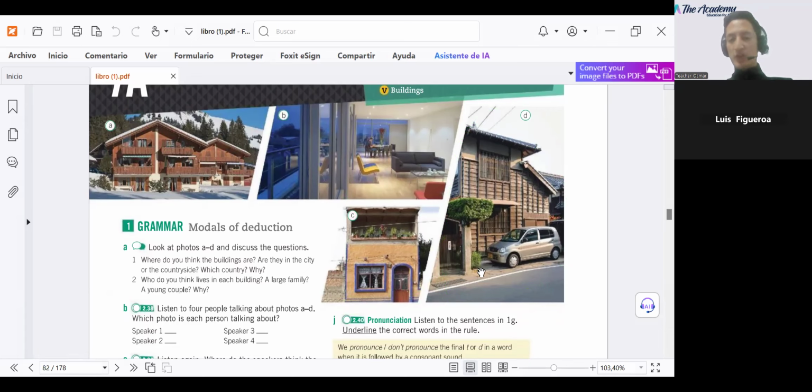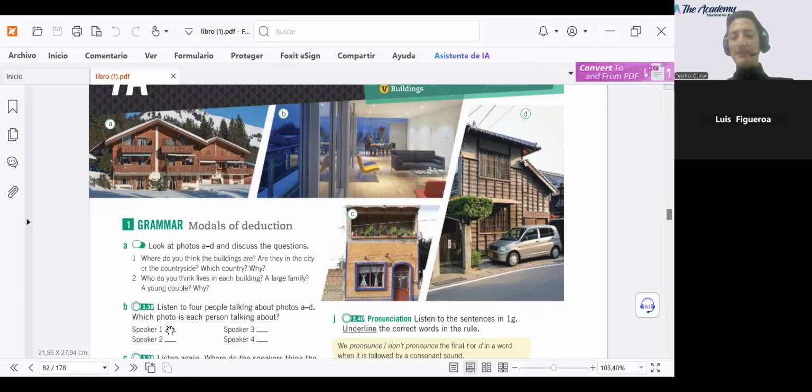A, B, C, or D? Okay? Is it clear, Luis? ¿Está claro? Is it clear, the instruction? Remember, listen, and according to the description, you need to identify what photo, what building the people are talking about. So here we go.